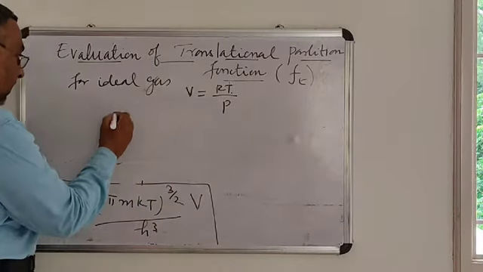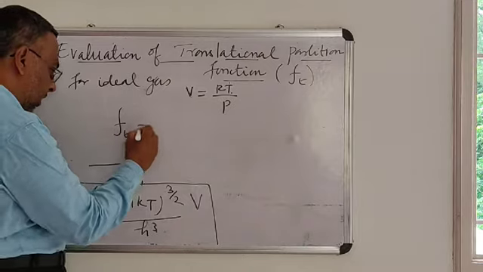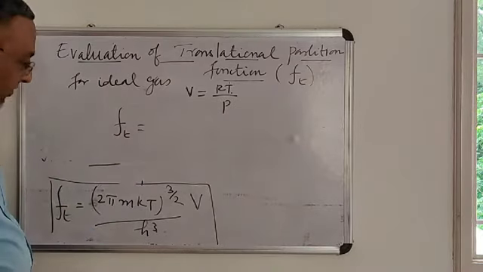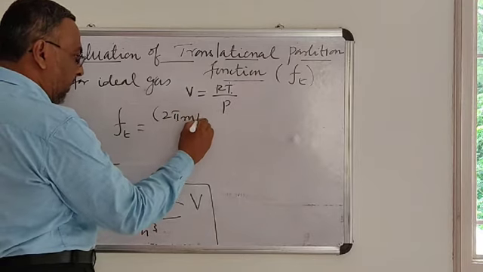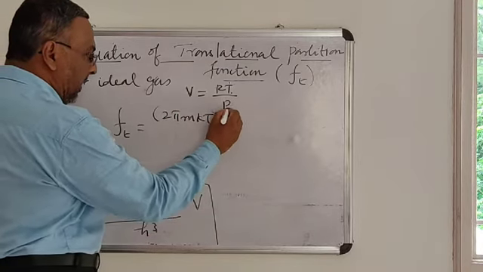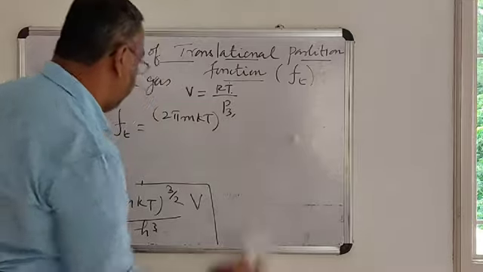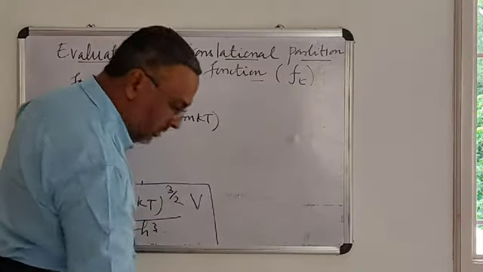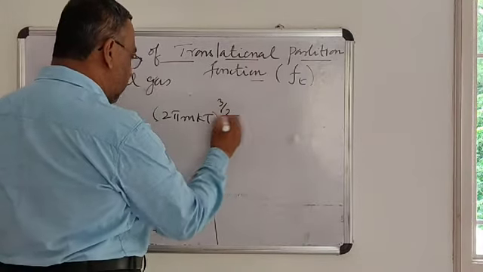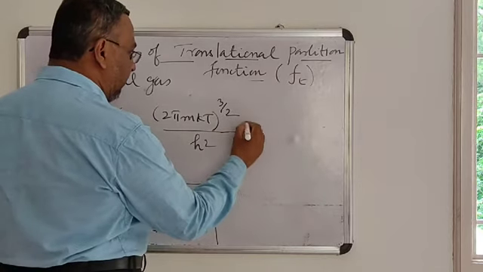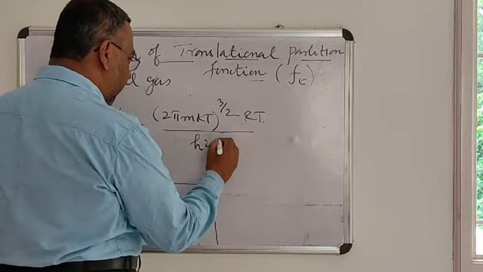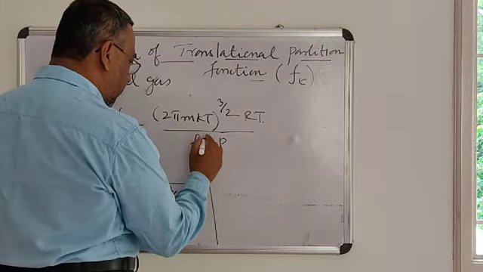So the translational partition function in the case of ideal gases, I can write as (2 pi m kT) power 3 by 2 divided by h cube, where V is nothing but RT by P.